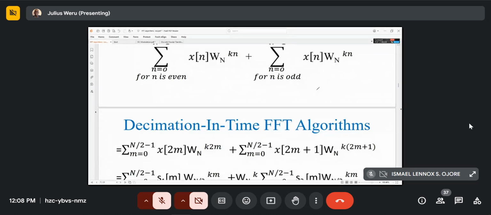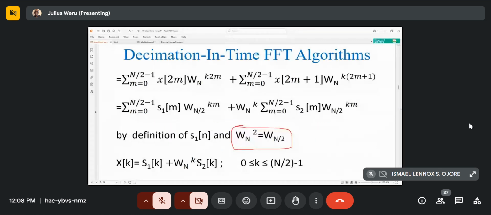I don't know where the problem was, but if you don't understand, you have a problem. This one is simply e to the minus j 2 pi over N here.